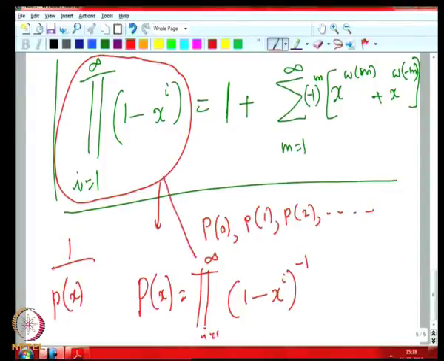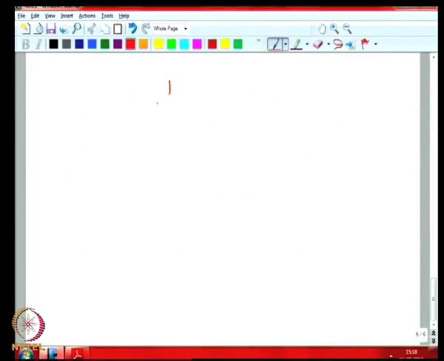We will get this one, right. So, this is actually the inverse of p of x. But we know that 1 by p of x into p of x has to be equal to 1. So, there will not be any powers of x on the right hand side when you multiply, only 1 will be there. So, we can try to express it this way.